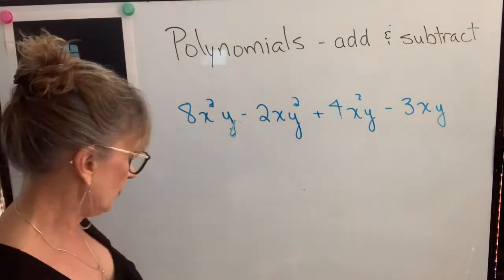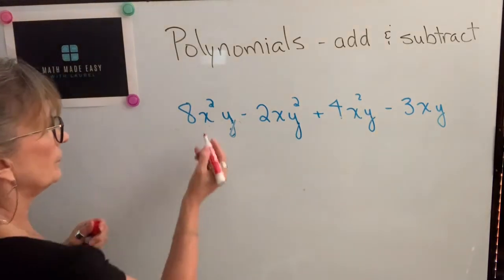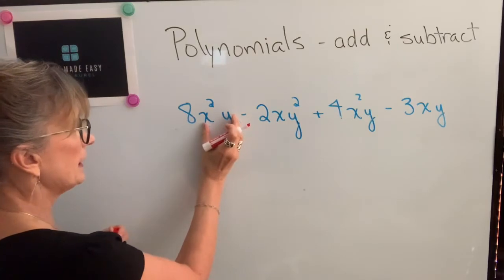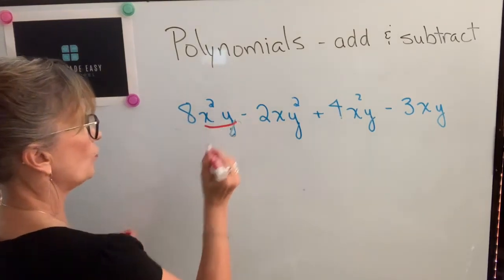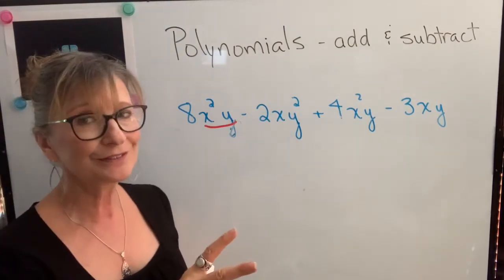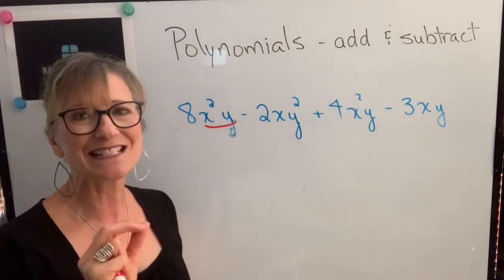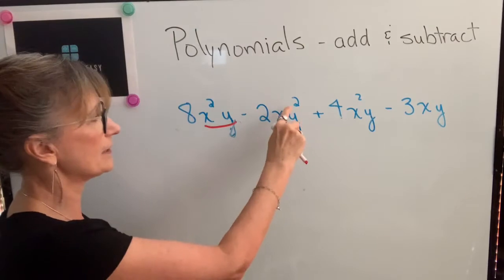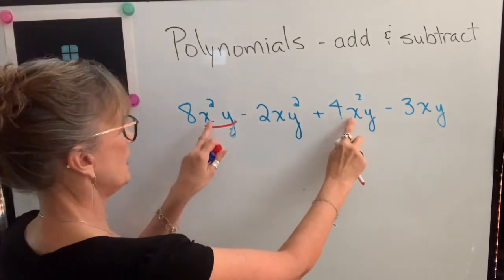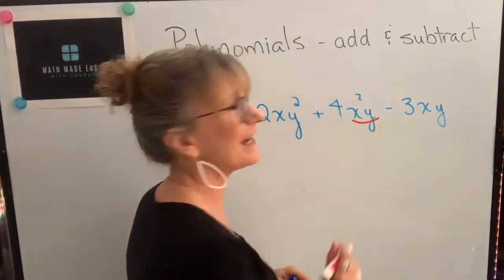In this example, we look at the literal coefficient part, so the letter part, and here we have an x squared y. This is an xy squared, which looks similar, but it has to be identical exactly in terms of coefficients as well as the letters. So that's not a like term. We look at this term, x squared y, that's exactly the same.